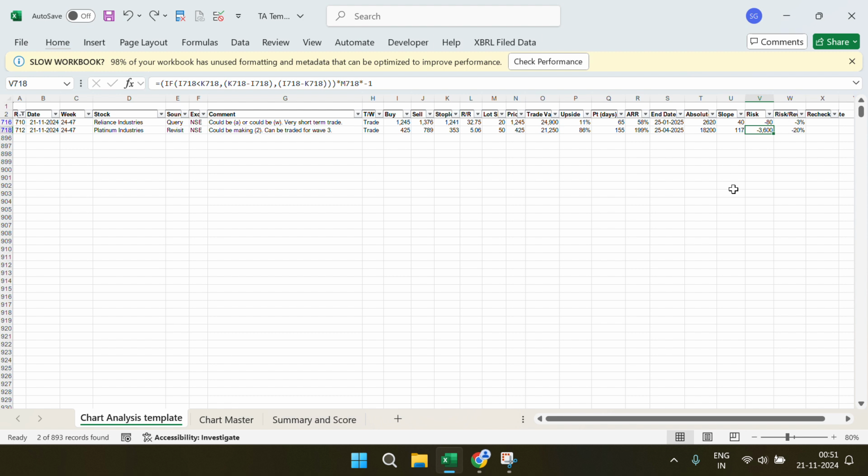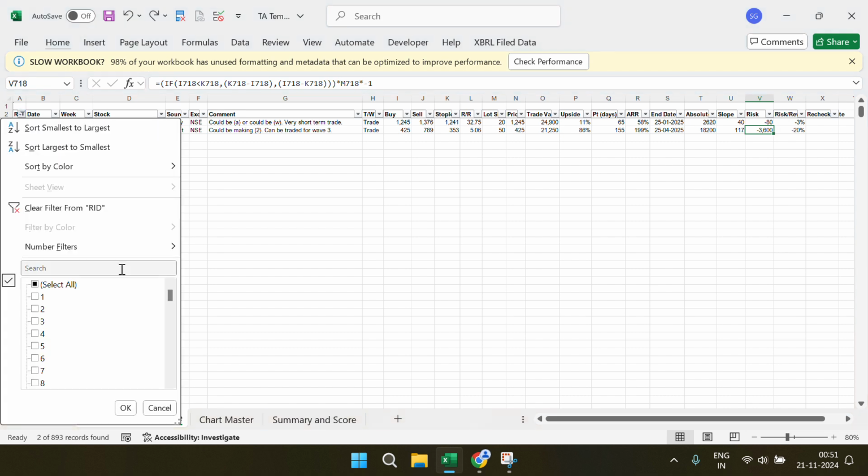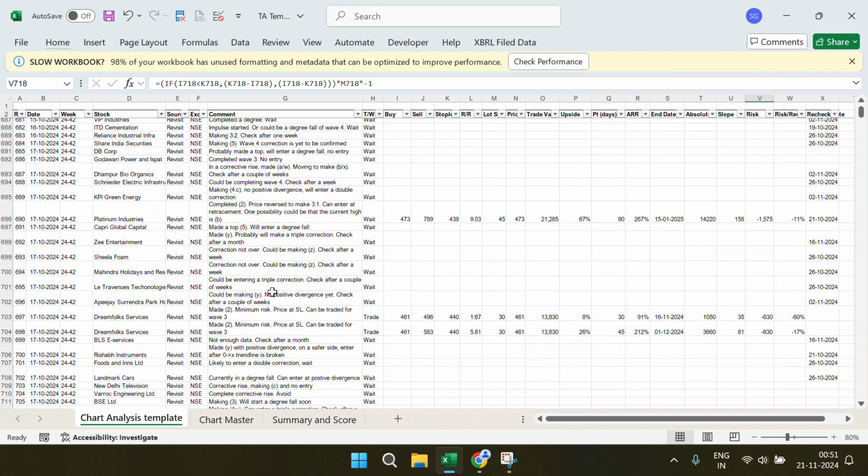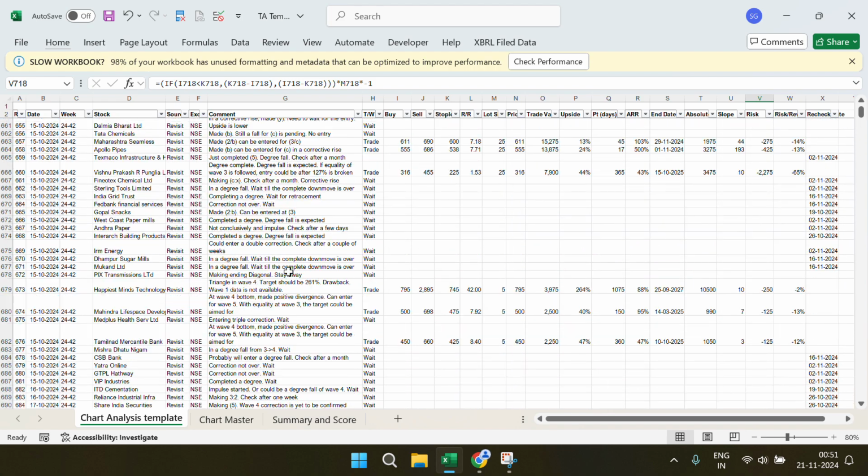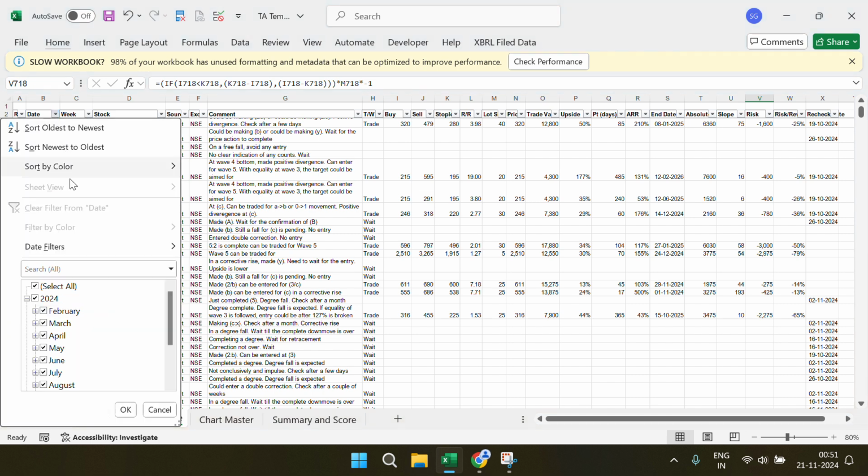Out of those 4, 5 trades, which one is the best one you will go for, or what combination of money you will allocate, is something you can get from this kind of analysis or this kind of data entry. Now, this is slightly manual work, but this is something that puts you in a better position.